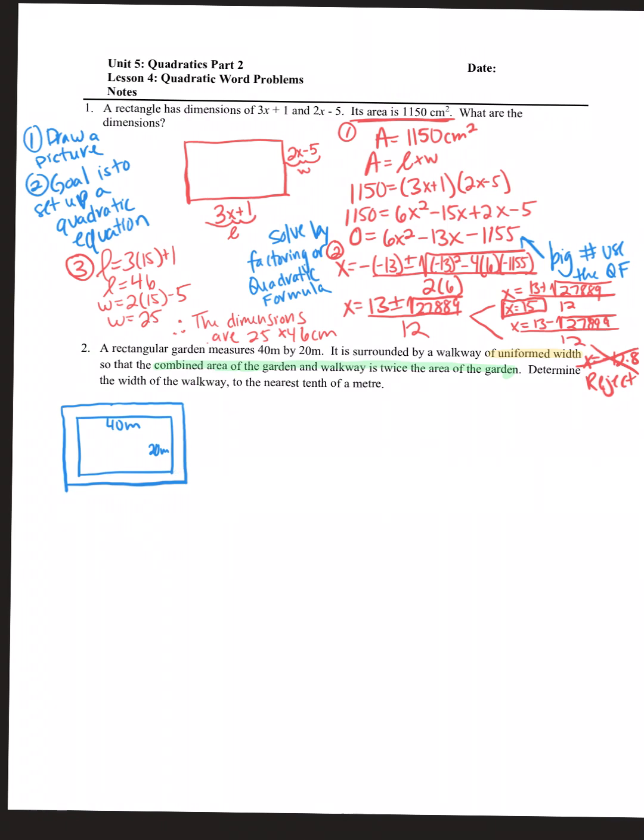See if we can erase some of that. Okay, so there's our drawing. So if we have a walkway that's the same width all the way around, we don't know what that width is, but we can represent that. This is our walkway.